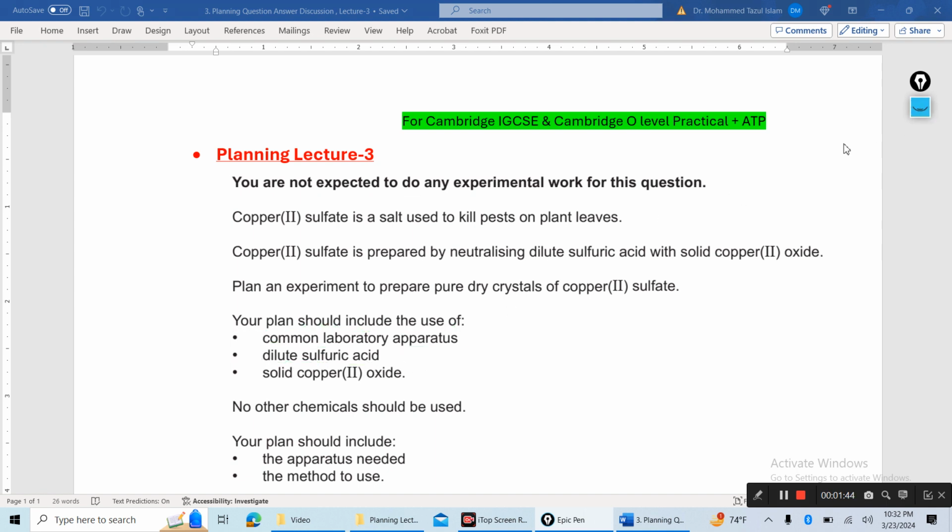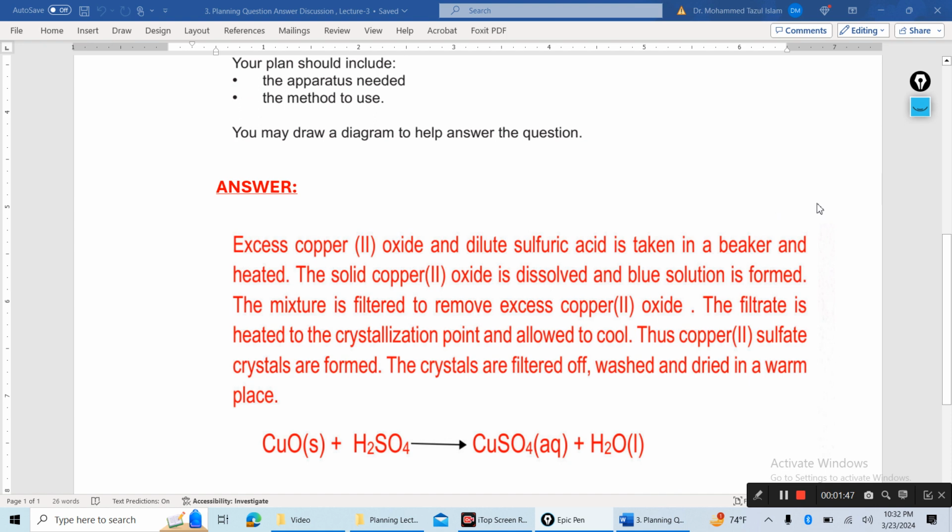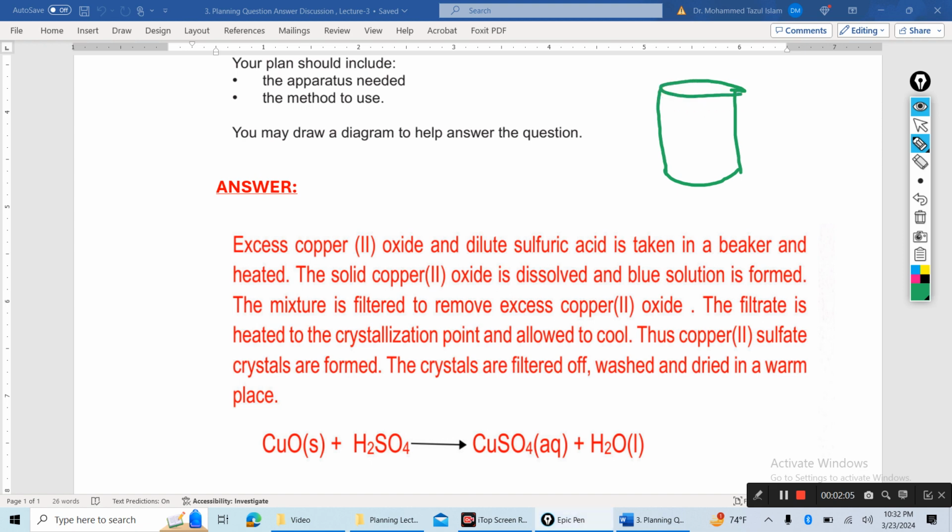Now you see what you will do. At first you will take a beaker, then excess copper(II) oxide, CuO, and dilute sulfuric acid, aqueous, is taken in a beaker and heated.